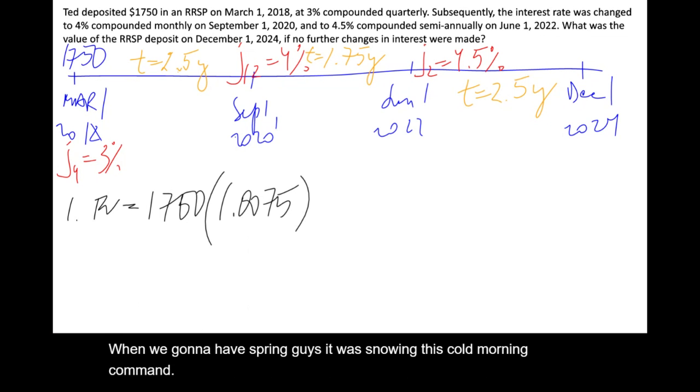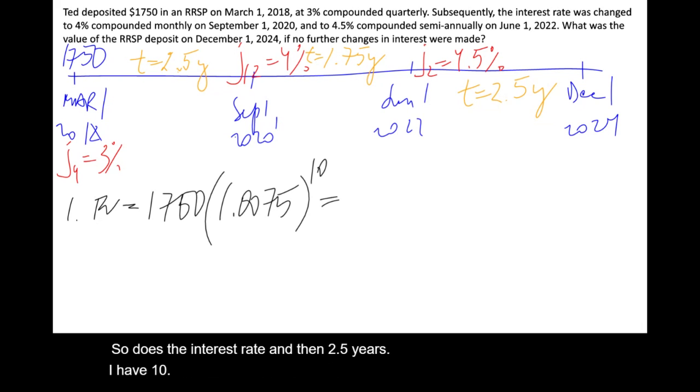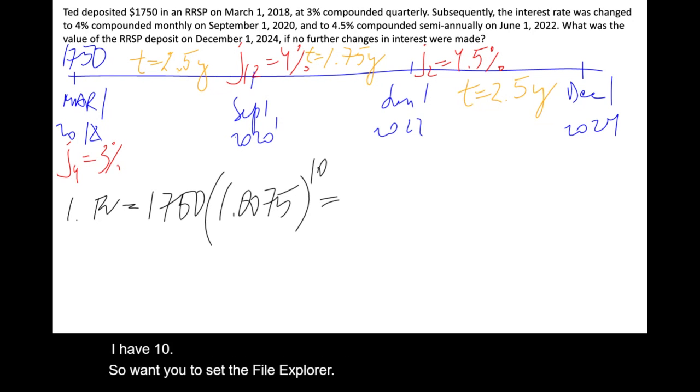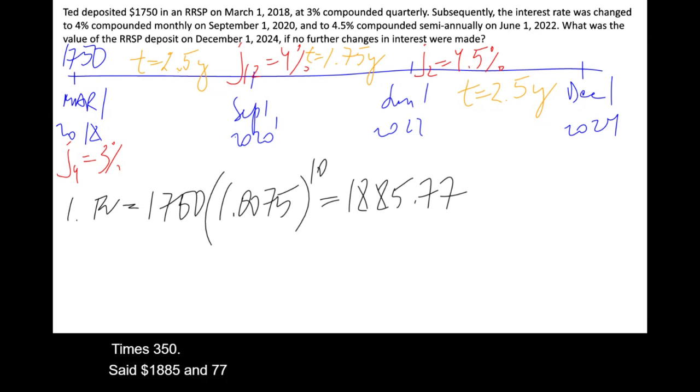So that's the interest rate, and then 2.5 years times 4, I have 10. So 1.075 exponent 10 times 1750. So $1,885.77.